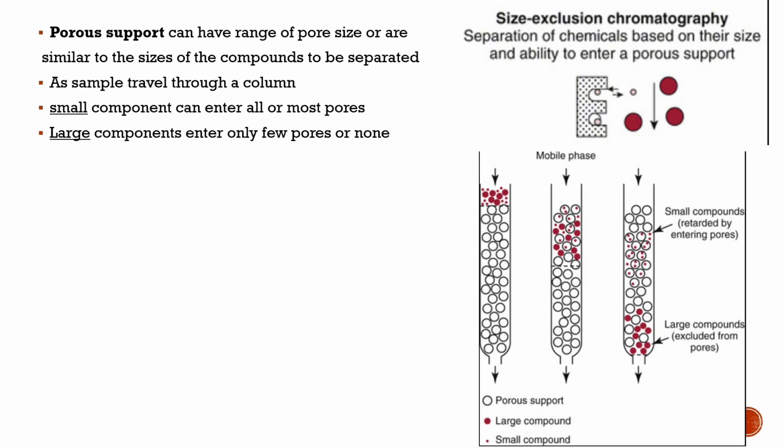Size exclusion chromatography, also from the name, is separation of chemicals based on the size and ability to enter a porous support. So the porous support can have different ranges of sizes.